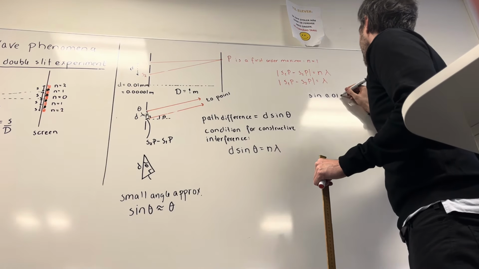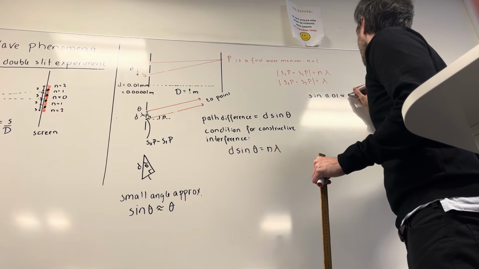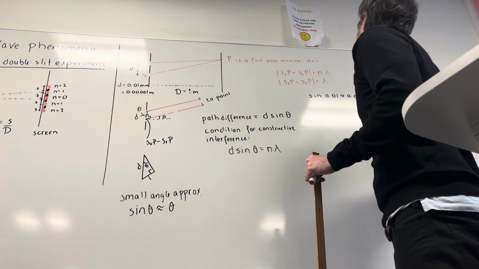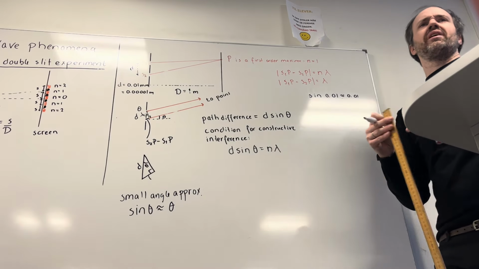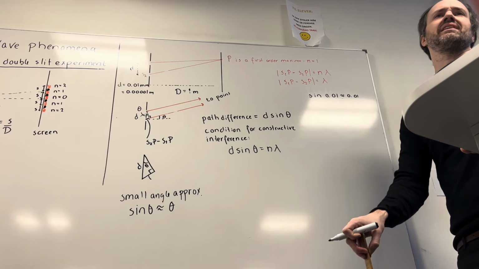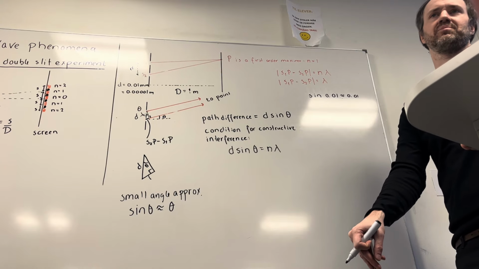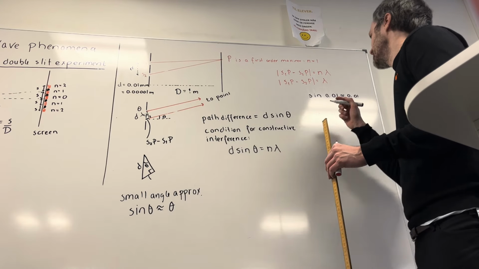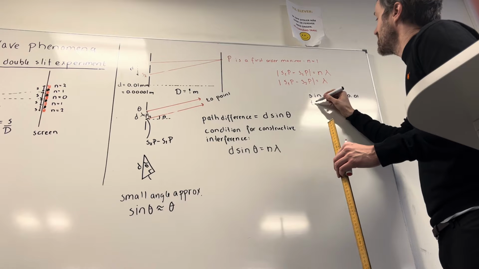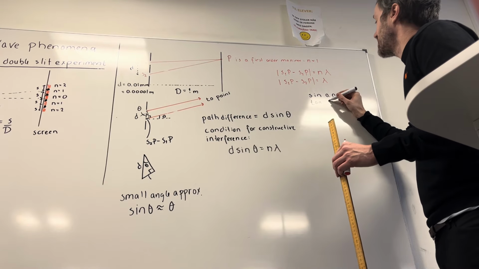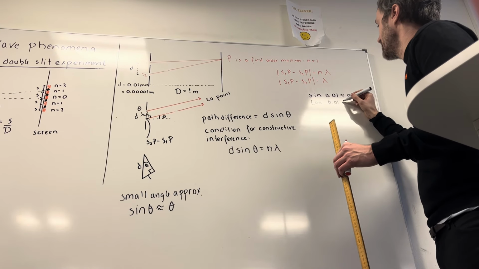What's the explanation for it? It's not really an explanation, it's just that we see that it's true. For very, very small angles, you basically get the same thing. If I do tangent, you get the same thing.